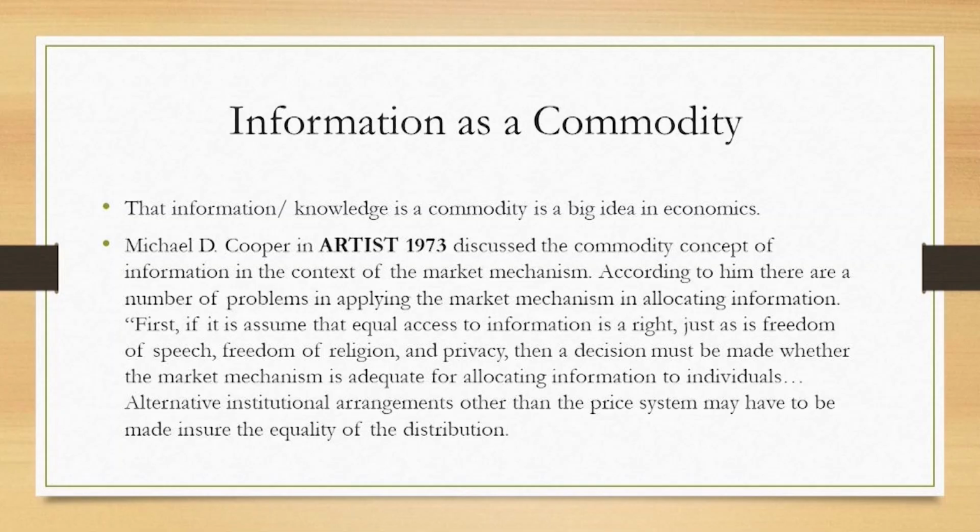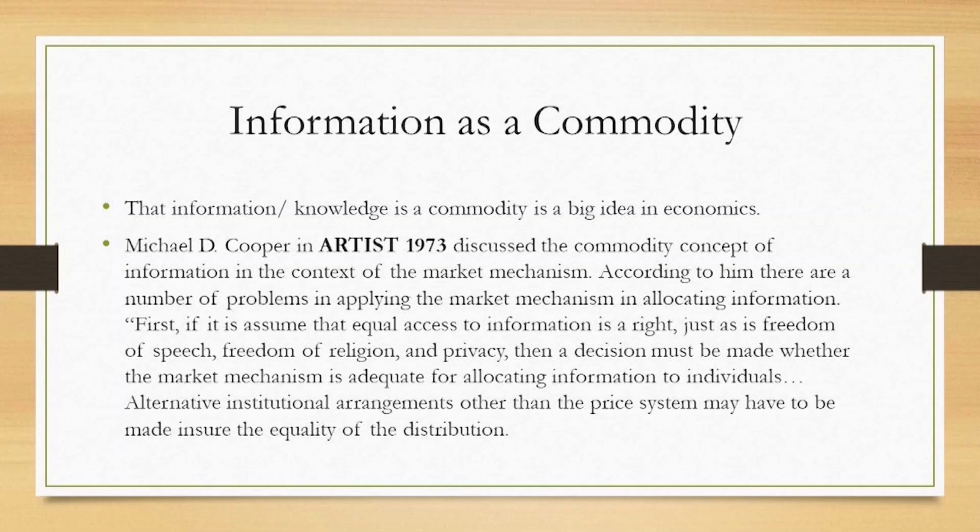In ARIST 1973, Cooper discussed the commodity aspect of information in the context of the market mechanism. According to him, there are a number of problems in applying the market mechanism in allocating information.